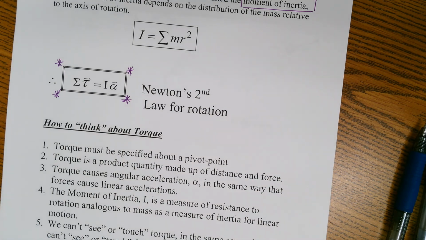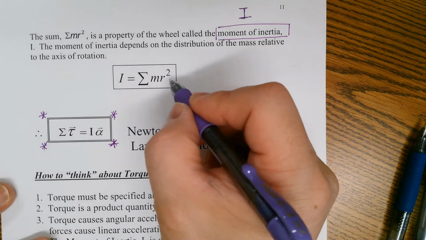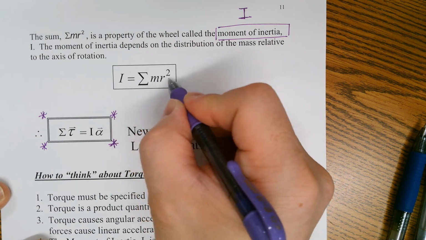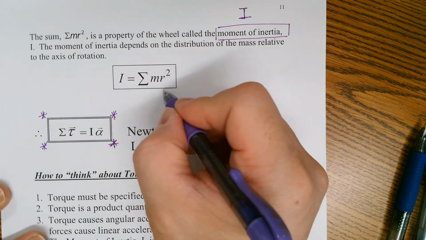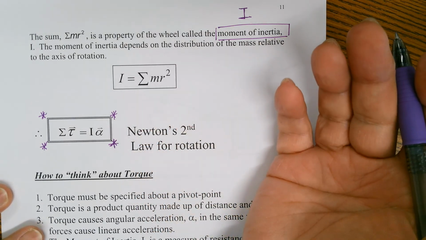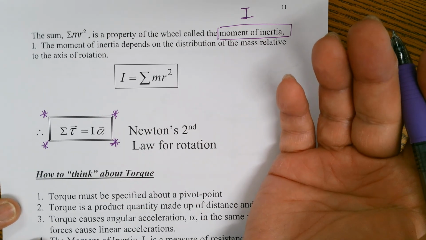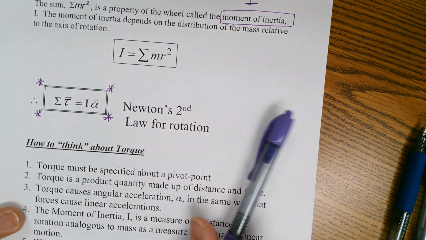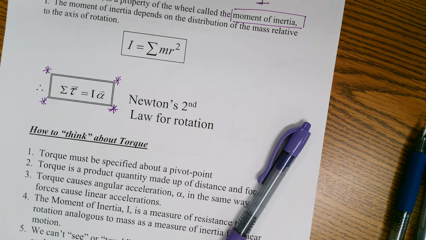This M R squared is only true for point particles. And that's the bell, so we'll stop there.